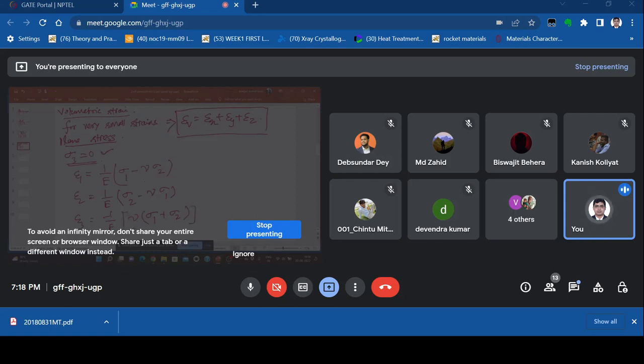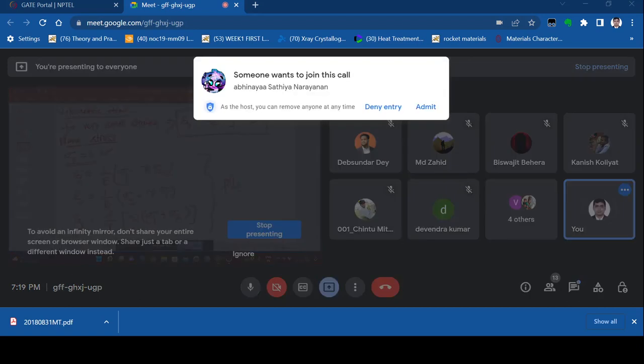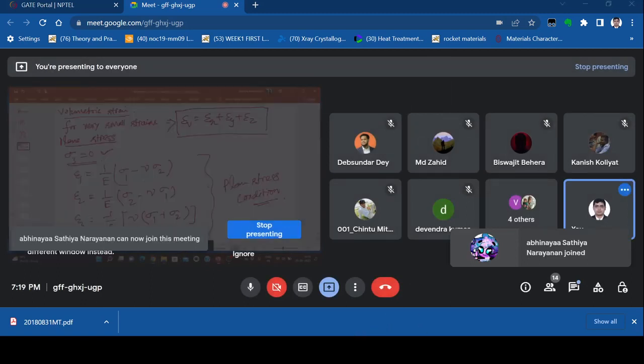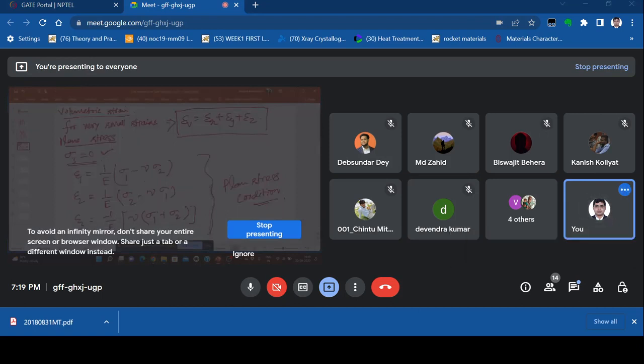I have just put 1, 2, 3 in place of x, y, z, and you just have to put this sigma z as 0 everywhere, and you will get the relation. This is the relation for plane stress condition. Okay, so you all got this, or do I have to explain again how these relations are derived?